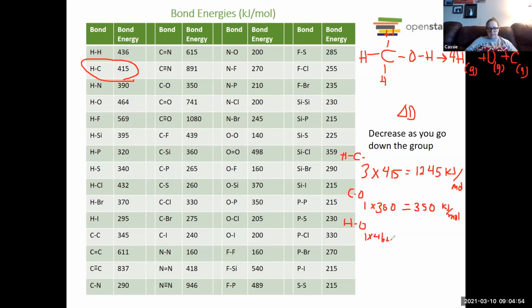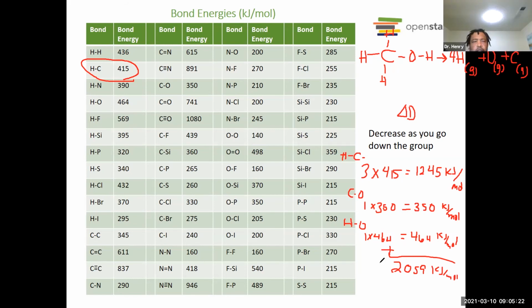So then you just add those all together, that's right, and it would yield your 2059 kilojoules per mole. Okay, piece of cake.